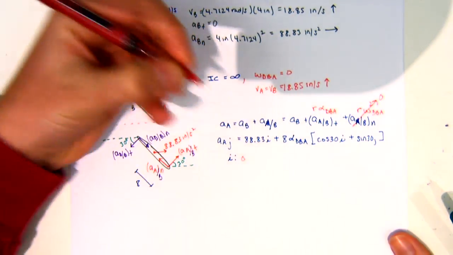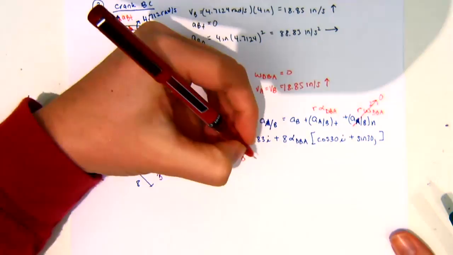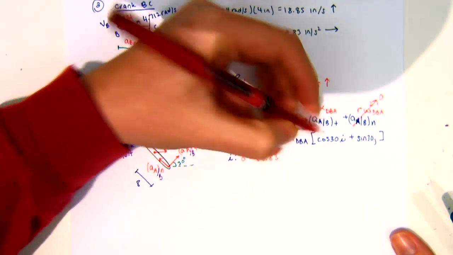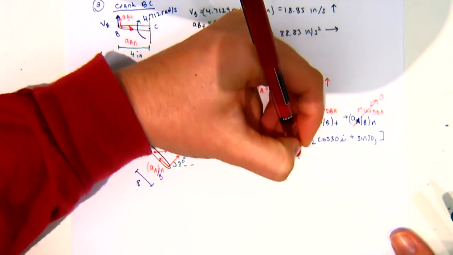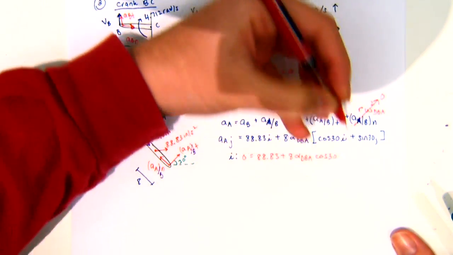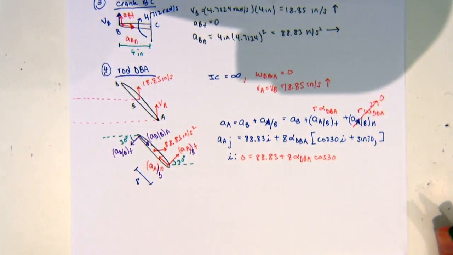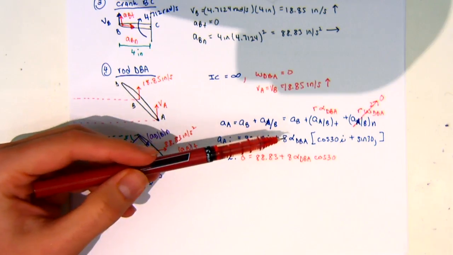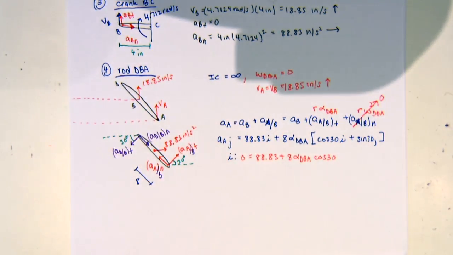So I have 0 in the i direction for A is going to equal 88.83 plus 8 times alpha dBA times the cosine of 30. Keep in mind, I assumed that alpha was going in the positive direction, which means that it's going counterclockwise. I was just assuming the positive.